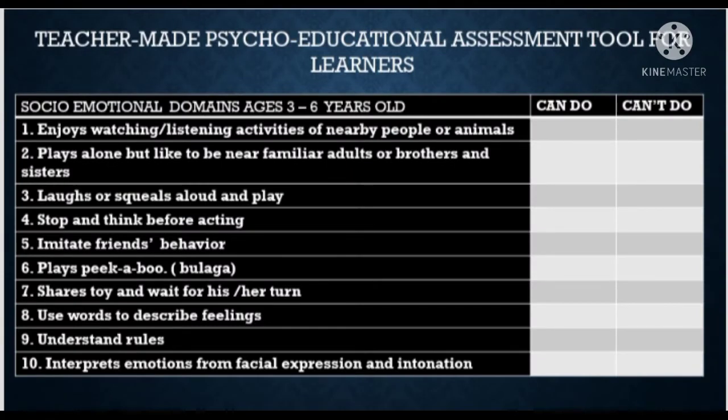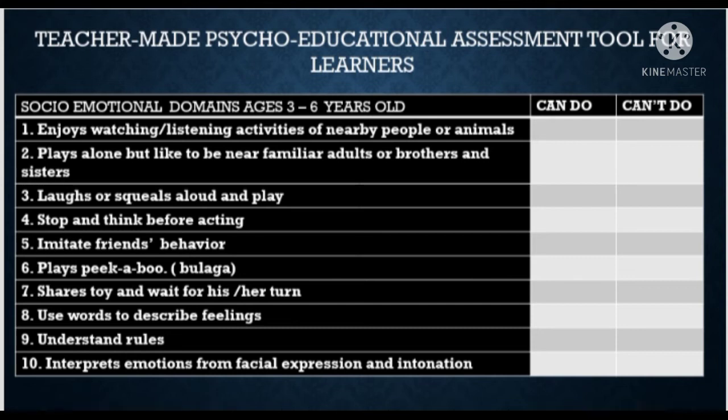For socio-emotional domains, number 1. Enjoys watching and listening to activities of nearby people or animals. 2. Plays alone but likes to be near familiar adults or brothers and sisters. 3. Laughs or squeals aloud in play. 4. Stops and thinks before acting. 5.